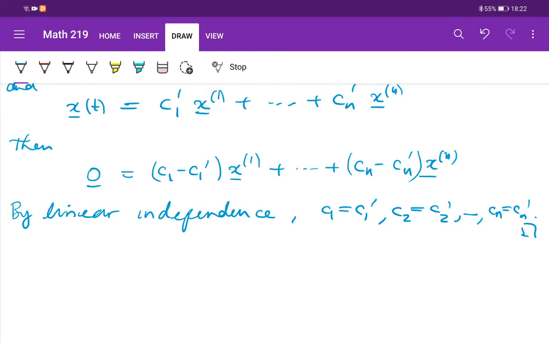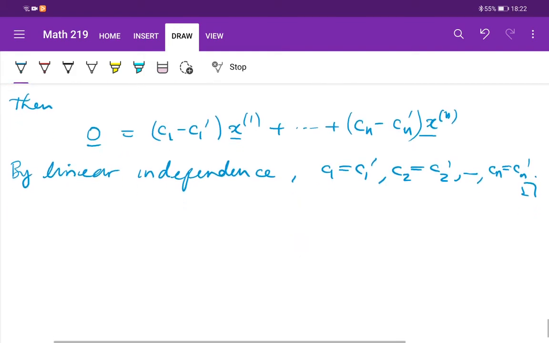Such a linearly independent set which generates all solutions, we call it a basis.